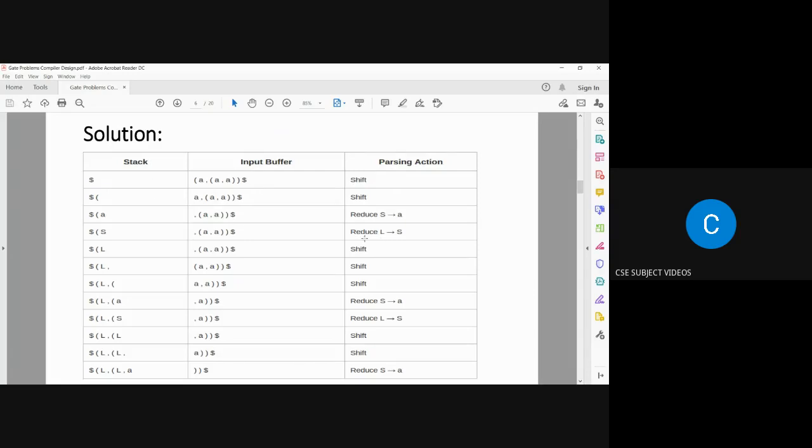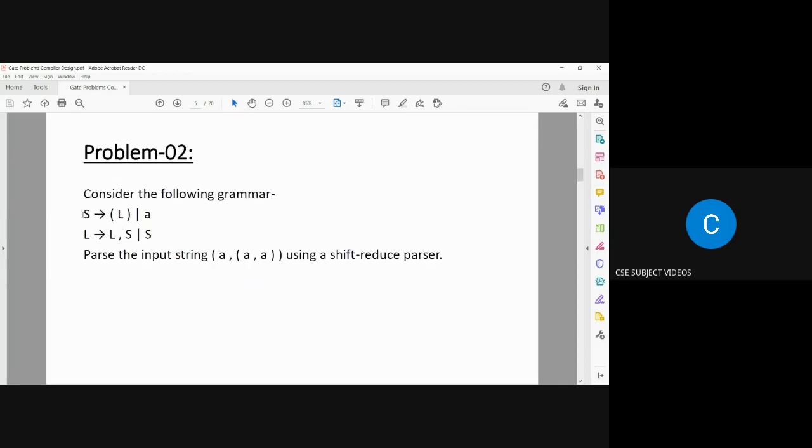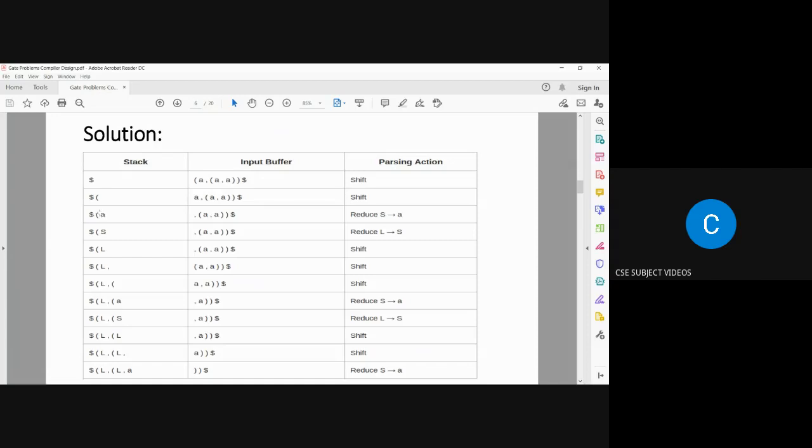According to given production, s tends to a. According to first production, a will be reduced with s. So a reduced with s, so dollar open bracket non-terminal s, and then remaining input symbols comma open bracket a comma a close bracket dollar.